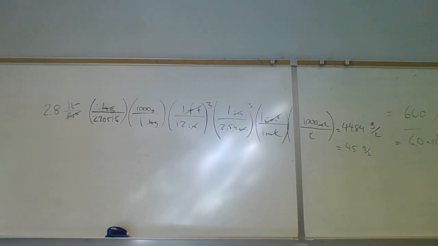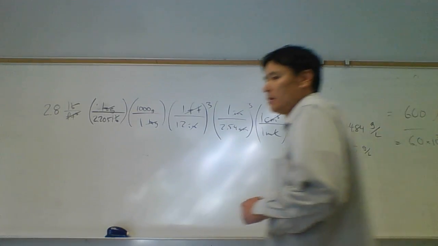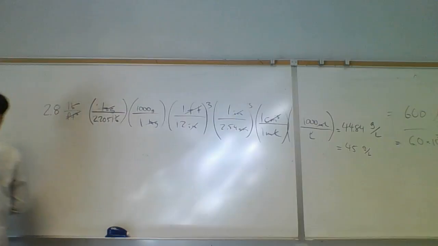And then we ask ourselves, in a cubic meter, how many milliliters are there? Well, this is cubic meter. I ask you how many liters are in a cubic meter. Right? That's a question. And so let's look at how many liters are in a cubic meter. If I have 1 cubic meter here, let's calculate how many liters there are.